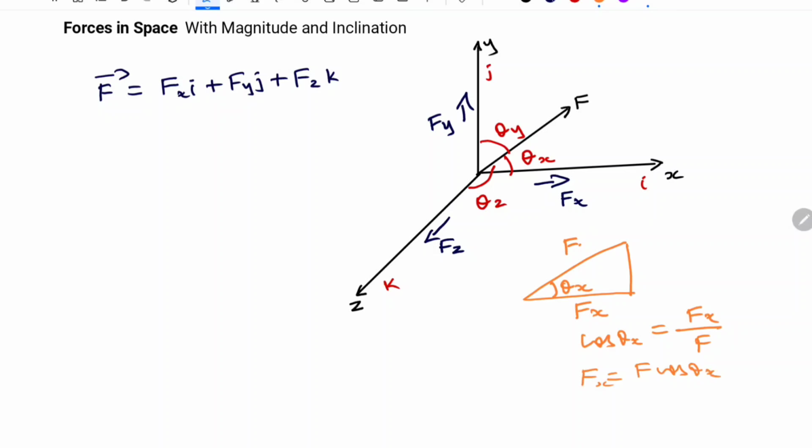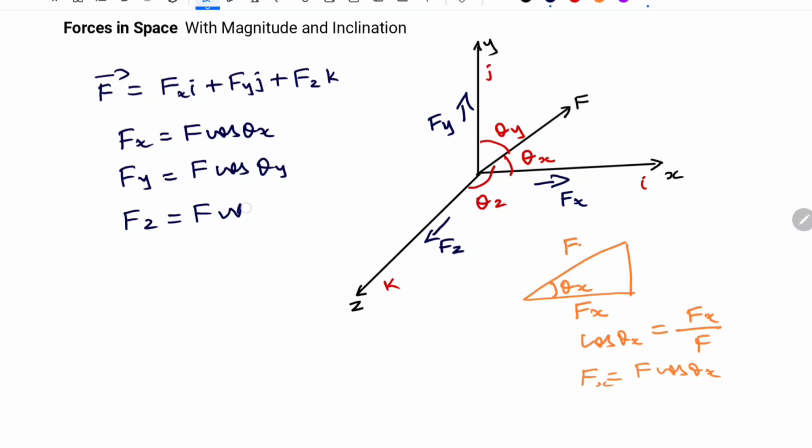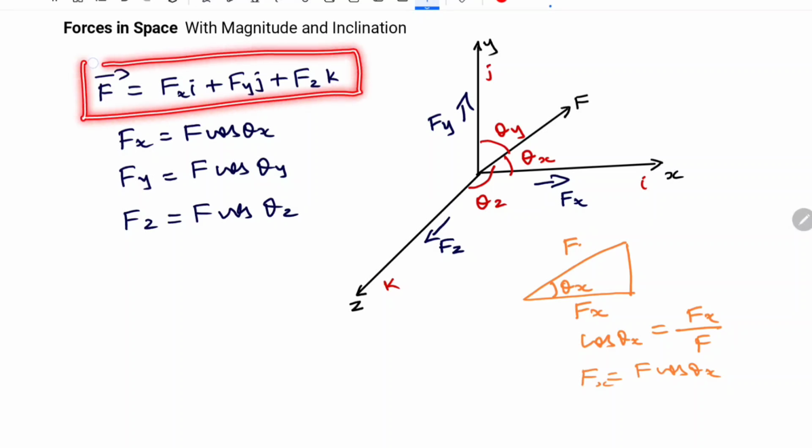So in this general equation, Fx represents F cos delta x. Similarly, Fy is F cos delta y and Fz is equal to F cos delta z. These are the three components of force and this is the general force vector.